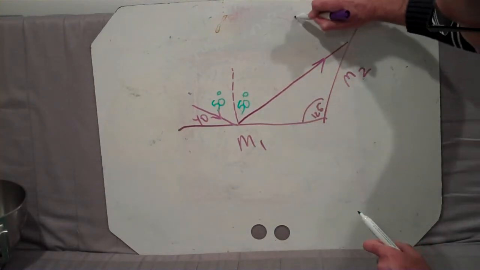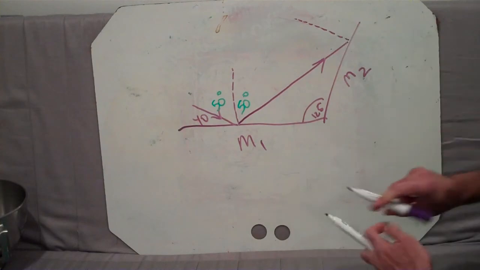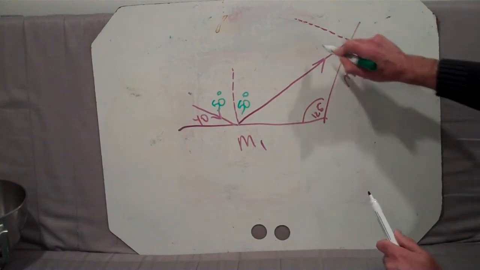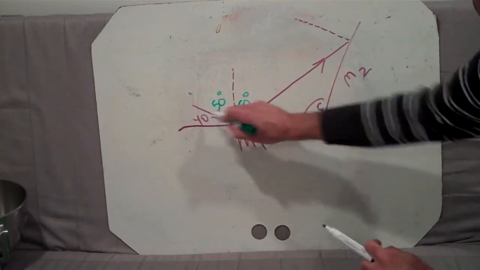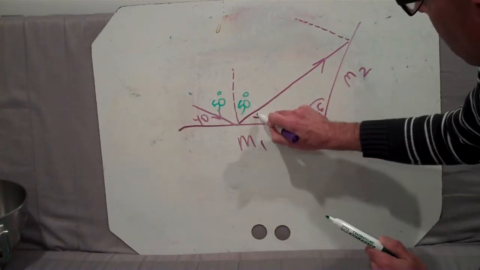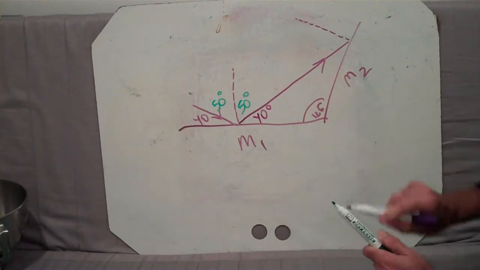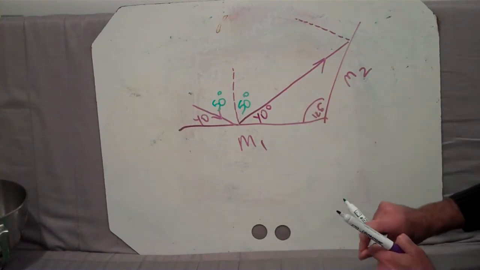Okay, we redraw the normal line, and we have to figure out the new angle of incidence. Well, if that's 50 degrees, we know that this is 40. If that's 125, that's 165.